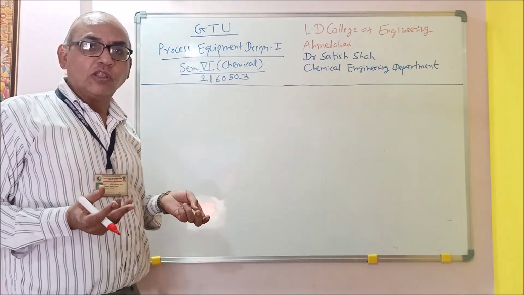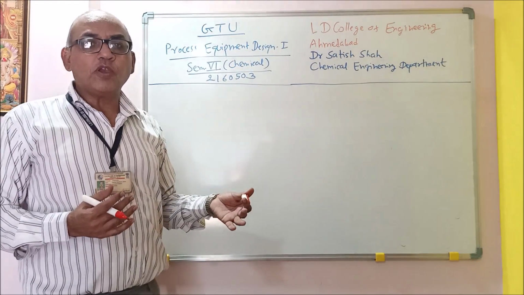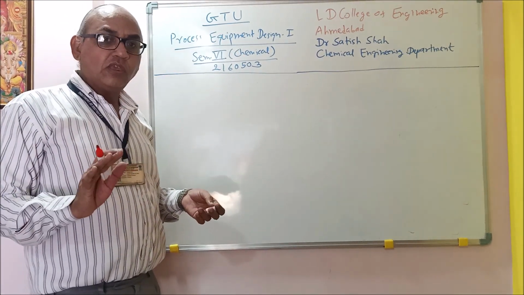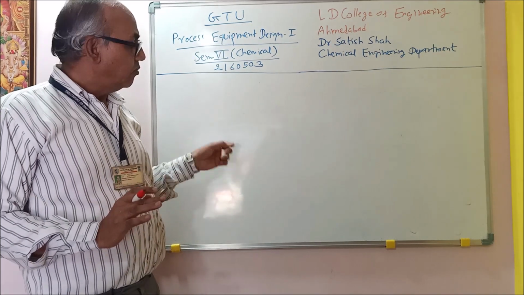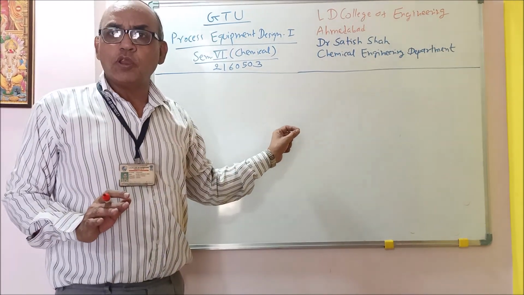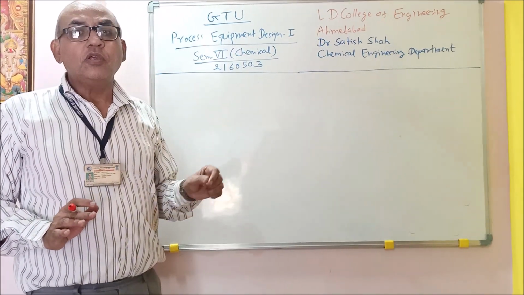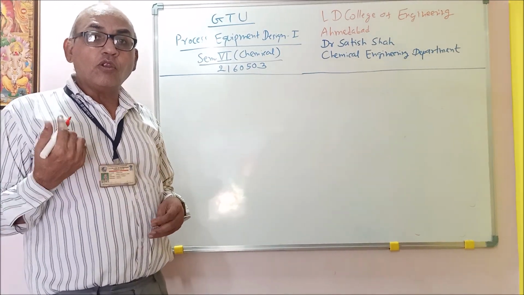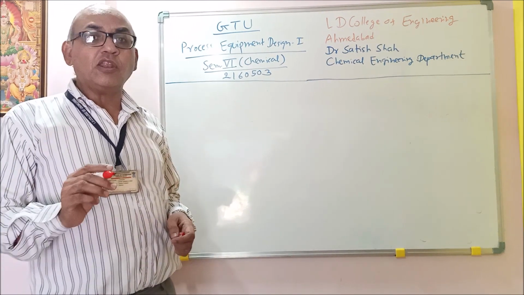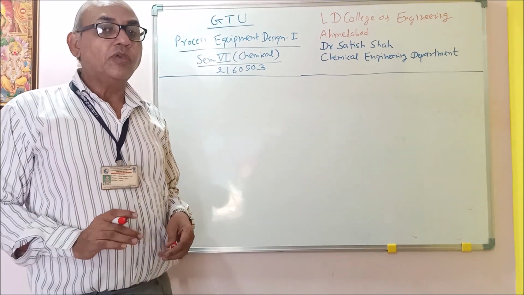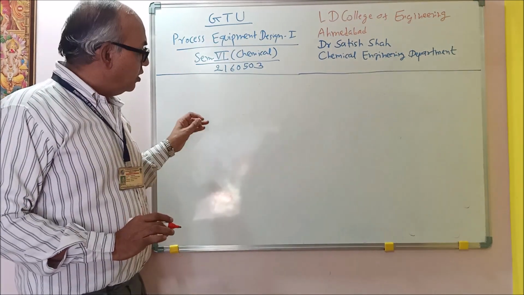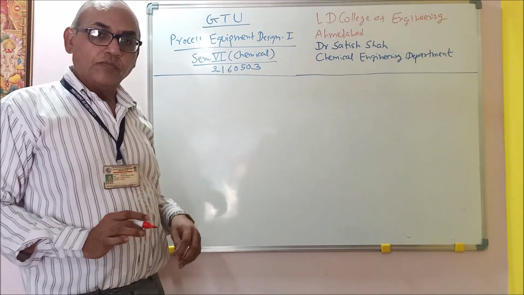Somebody will ask if 1.45 meter per second will do or not. As far as the thumb rule is concerned, if you keep between 1.5 to 2.5 meter per second, your pressure drop will come within limit only. So even though you are not calculating pressure drop, you can say that it will be okay. But still, we have to calculate everything. So if you go like this, it will be good.